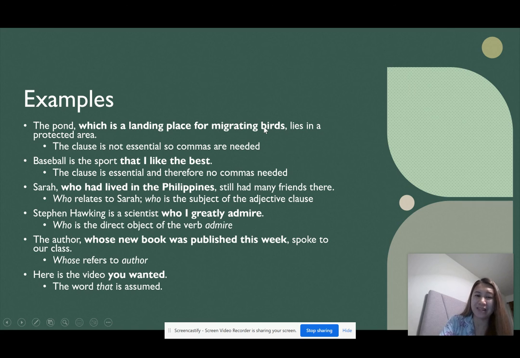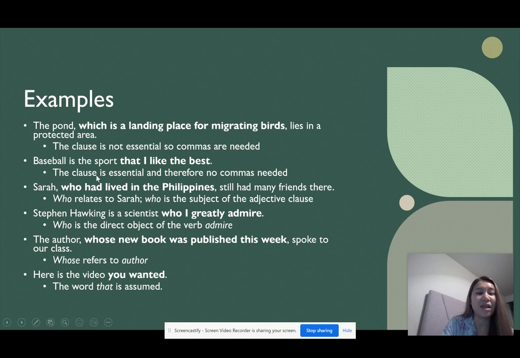It's not important in the sentence, so we need to use commas. If we just say the pond lies in the protected area, it's a sentence, right? It delivers a complete thought or meaning. So with or without the adjective clause, we deliver the meaning, and we have the subject and the predicate.